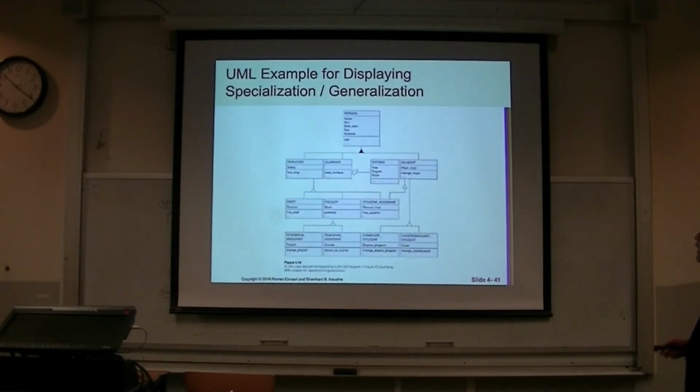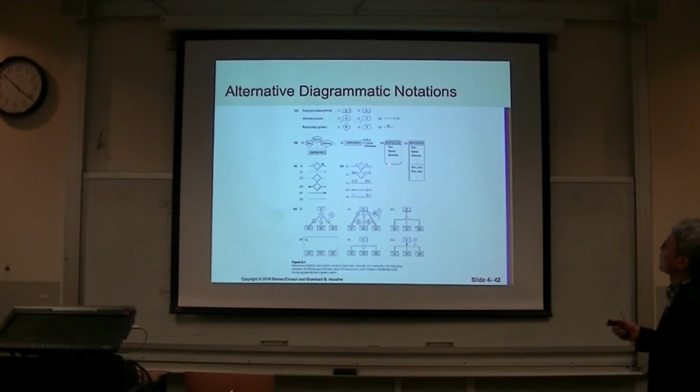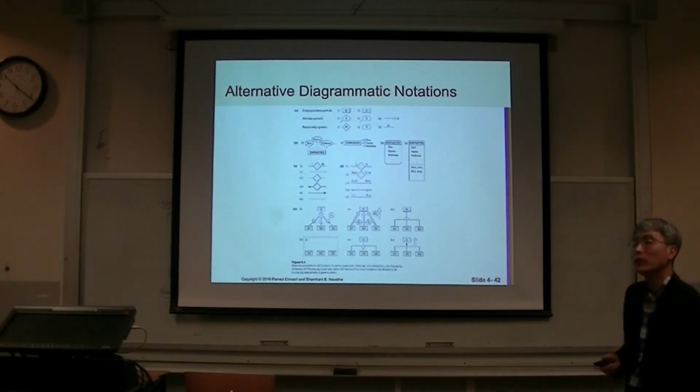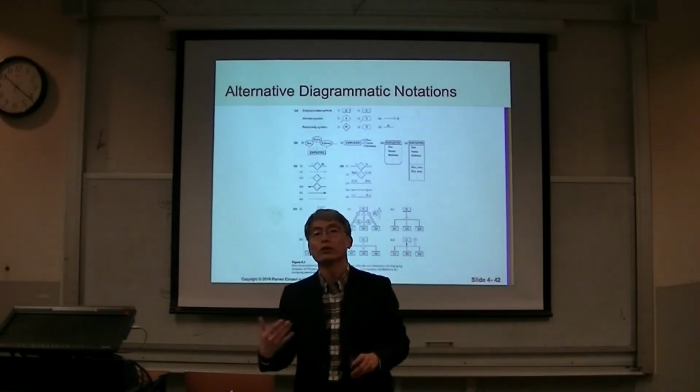As I mentioned, we can use a UML diagram for the representation, or this is another diagram notation. You can see the slide. There are three crowfoot styles. We will use the crowfoot style.